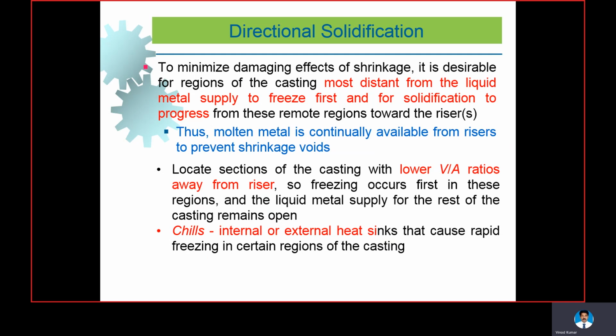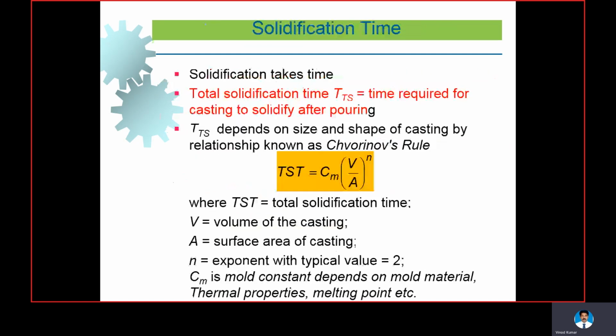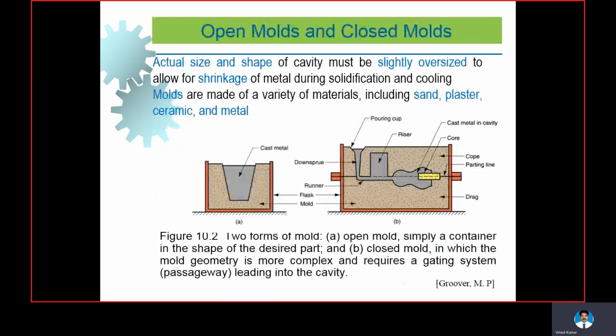So the meaning is very simple. During the casting process, if you take a mold like this, this is the pouring point and this is the casting end. Whenever you pour molten metal, it should start, enter the riser, then flow and reach the extreme end.